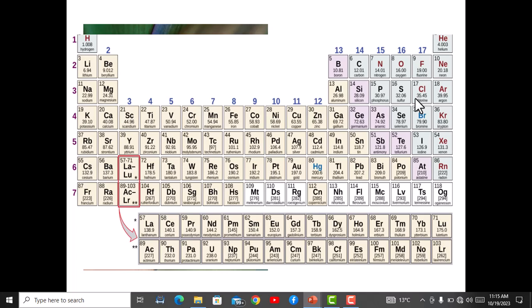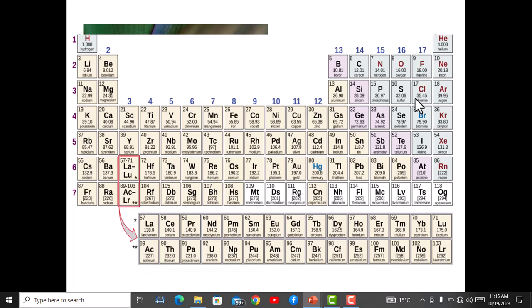Okay, that is fine. So one thing that we need to note here is that it has a valency of how much? It has a valency of 1, and the ion, it's Cl minus. So let's just check very fast the valency of this chlorine.